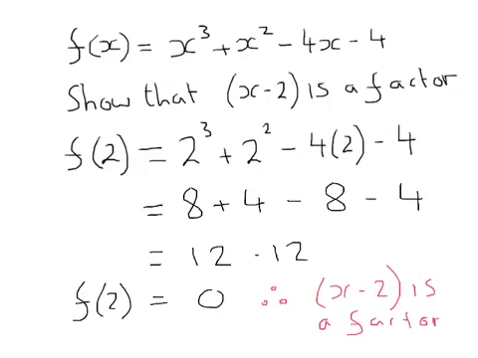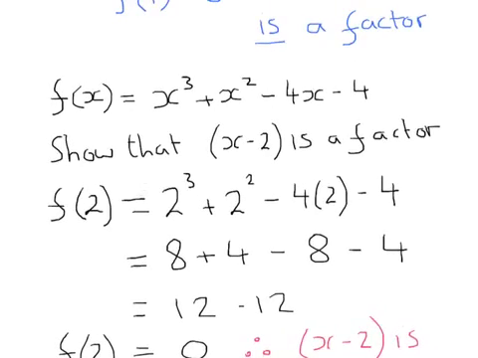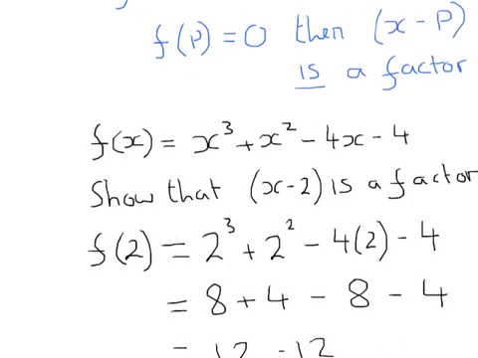And that's all there is to it, really. So, if you're asked to show something as a factor, find the value of x that makes this bracket 0, so in this case it would be 2. You plug that into your function, and if it does equal 0, then it is going to be a factor.